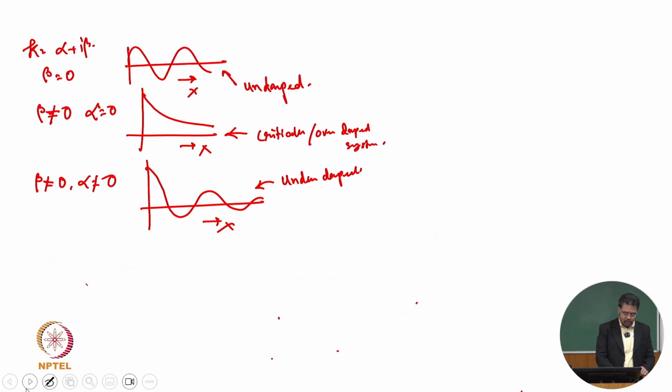We also saw how the space looks, and discussed that these resemble the response of a damped vibration, the critical or over damped system and the under damped system. But in those cases it varies with time, whereas here it varies with space. That's the prime difference.